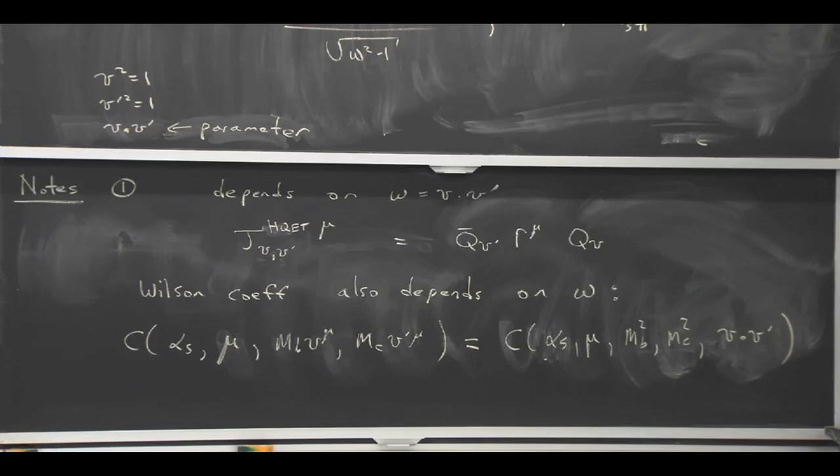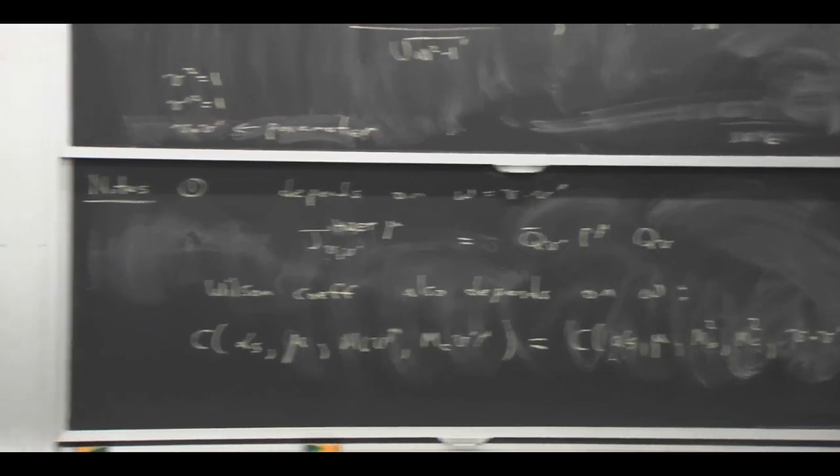So what should I take for the w? Well, we can work that out for an example like the one we're doing, like B to D star l nu. So let me show you how that works.